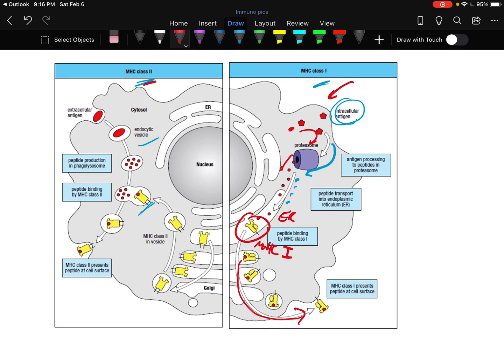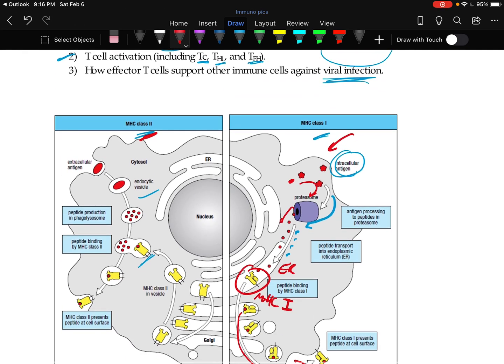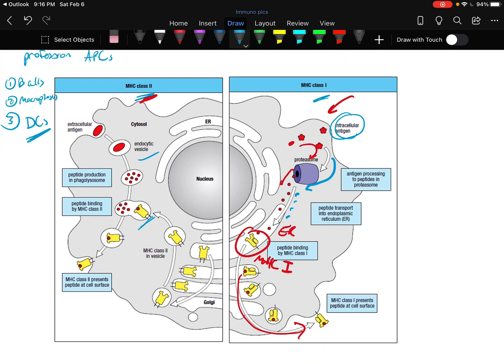In contrast, we have the MHC class 2, and that happens with very specific types of cells. We can refer to them as professional antigen presenting cells, and these would be our B cells, our macrophages, and our dendritic cells. And we're going to talk about dendritic cells for the purpose of this discussion. So let's say that this is a dendritic cell here, and what would happen is it would sample the outside pathogens.